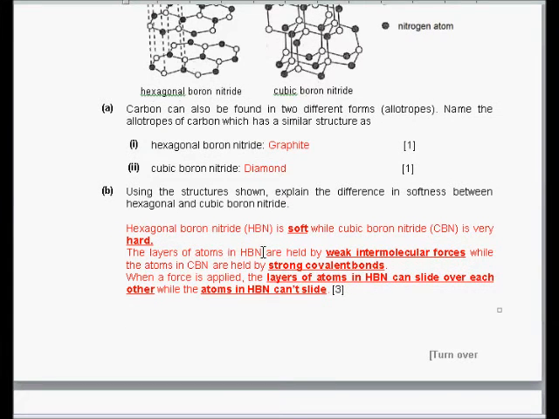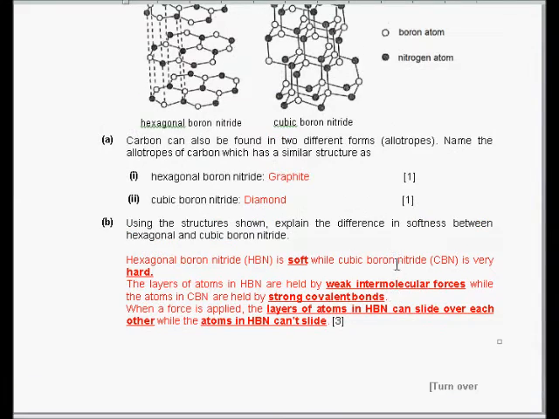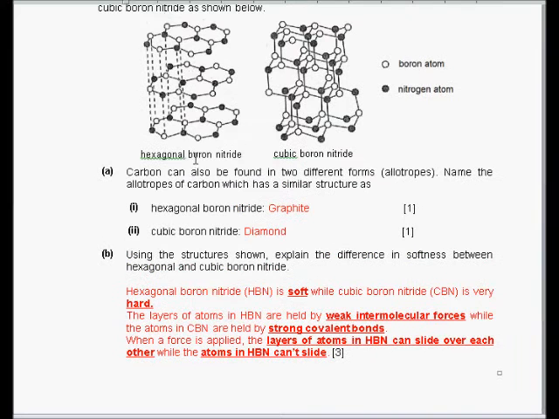So the layers of atoms in HBN are held by weak intermolecular forces. How do you know? Because it is just like graphite. The layers of atoms are held by weak intermolecular forces, and it should be the layers of atoms, not the layers of molecules. Okay, all these are atoms.